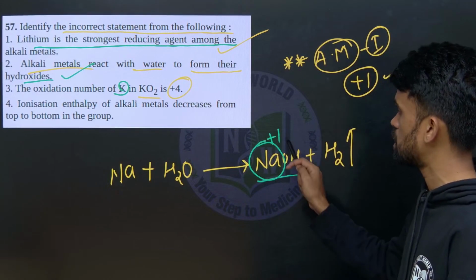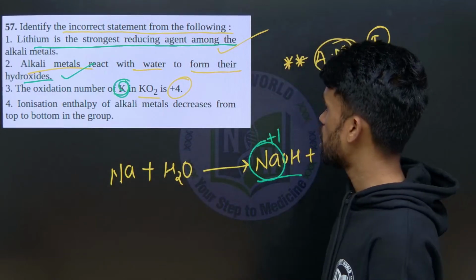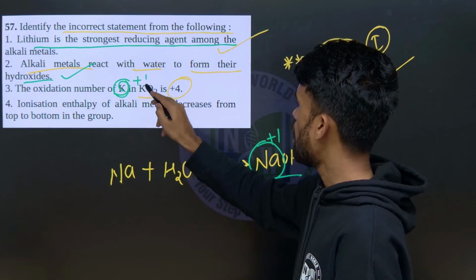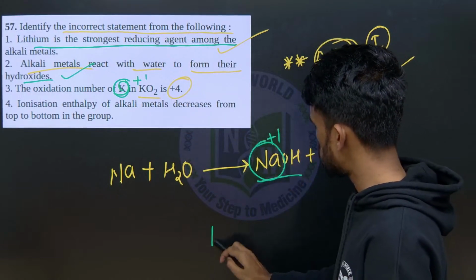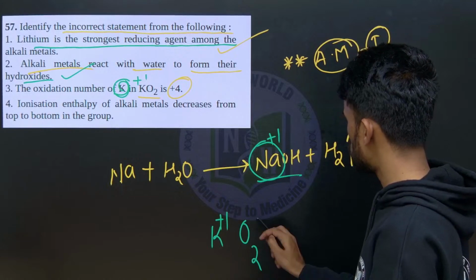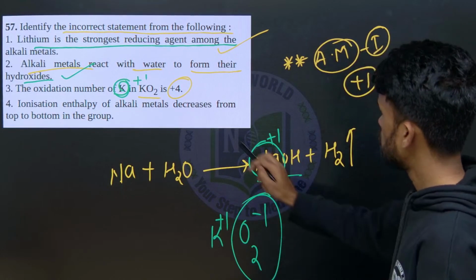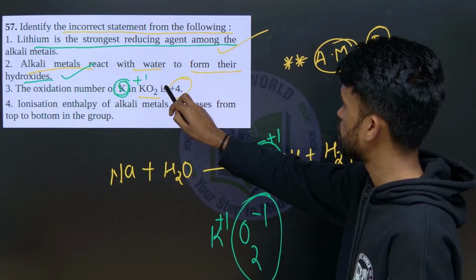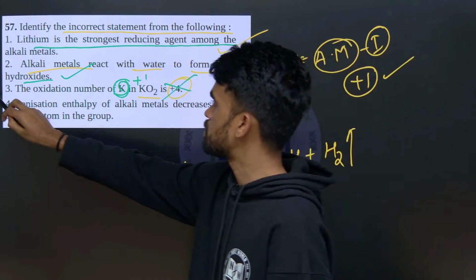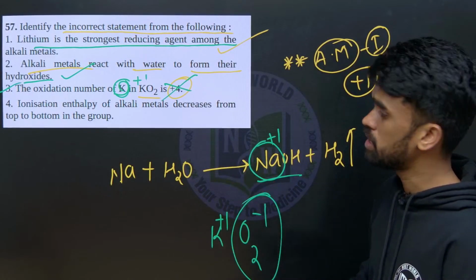Even in this reaction it is +1. Similarly, potassium also has +1, and oxygen, which is also important, is O2 with -1. So this should be +1, it is given as +4, so it is wrong. So option number 3 is incorrect. You should choose that option for this particular question.